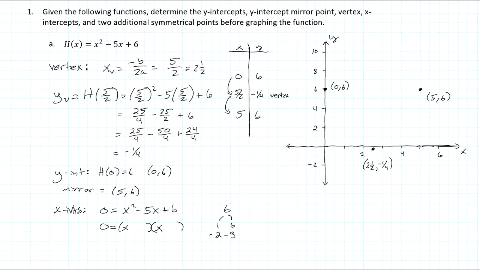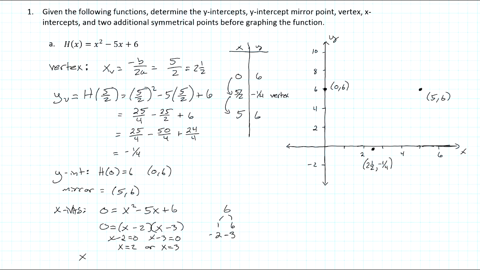This is a tricky one. This one can throw people off because we might think that it's a +1 and a -6, but that would multiply to be a -6, and we need this to multiply to a +6. So we need the -2 and -3, and this will give us x minus 2 equals 0, or x minus 3 equals 0. So x equals 2 or x equals 3.